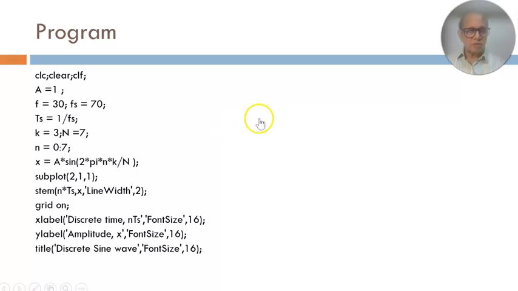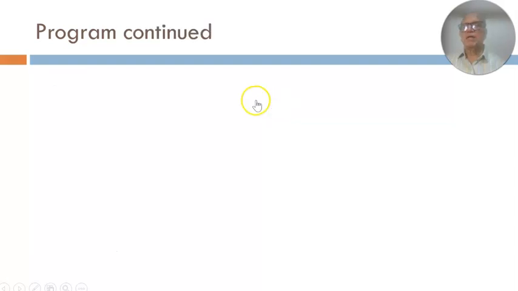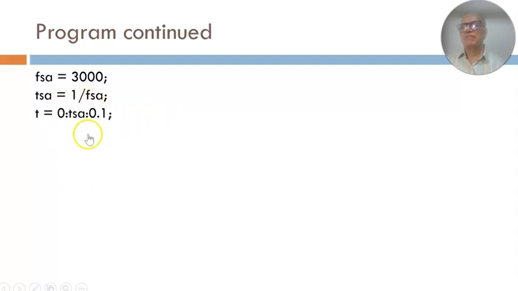But we also want to compare it with the analog sine wave or the continuous time sine wave. So let's see the next part of the program. Now we choose some sampling frequency for plotting the analog signal. Note that this sampling frequency has nothing to do with the sampling frequency that was used to generate the discrete sine wave. This is just for plotting the analog sine wave. So TSA will be 1 by FSA.